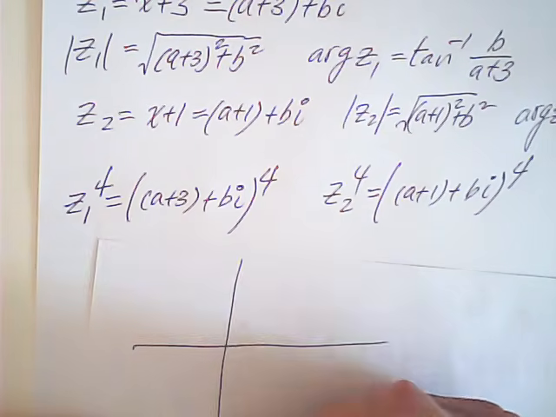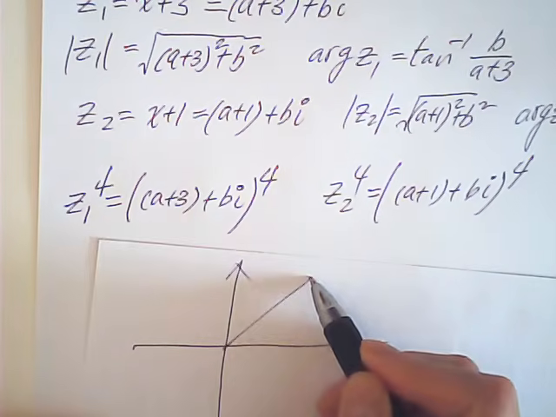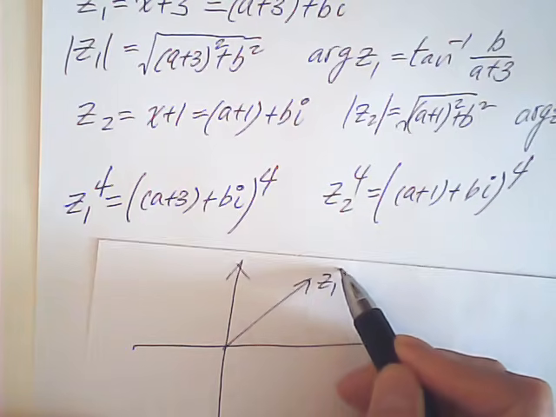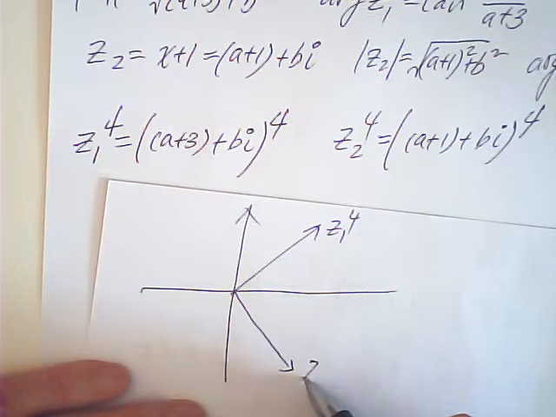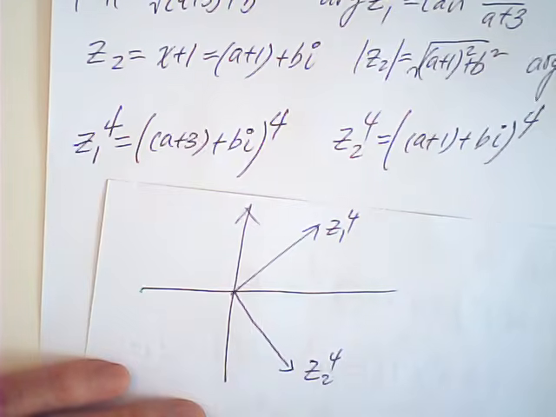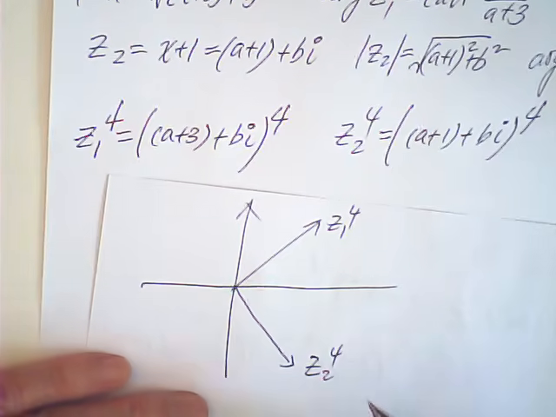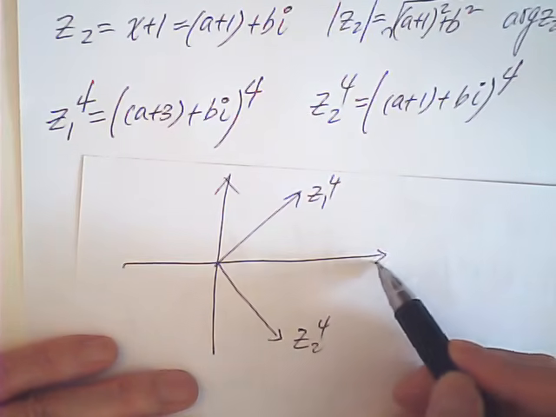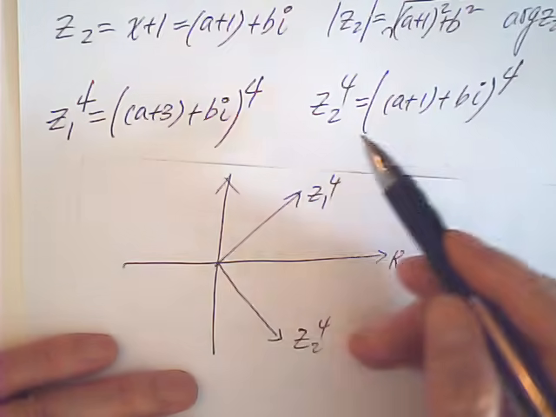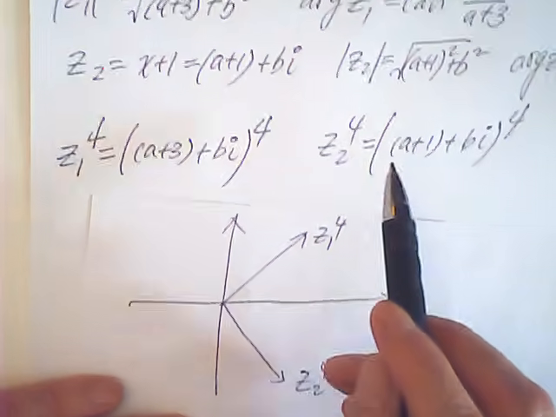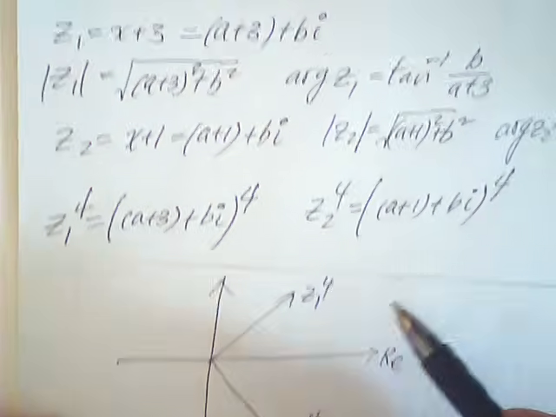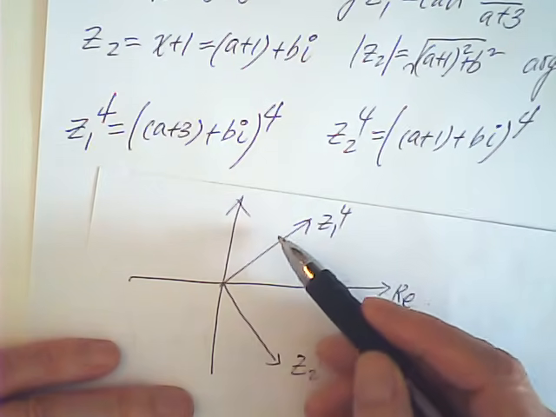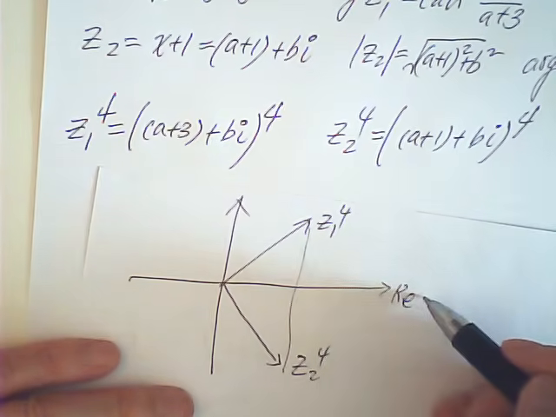Therefore, z1 to the fourth and z2 to the fourth must be symmetrical with respect to the real axis. Why? Because their sum is 16. There's no imaginary part, so it must be symmetrical with respect to the real axis.